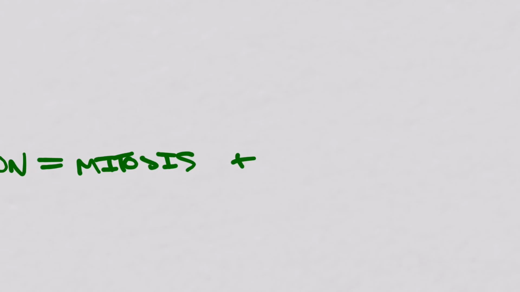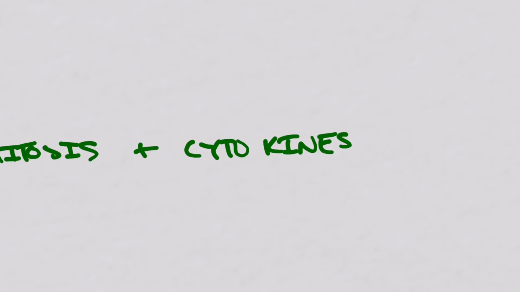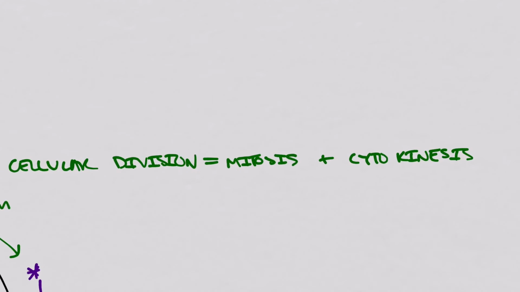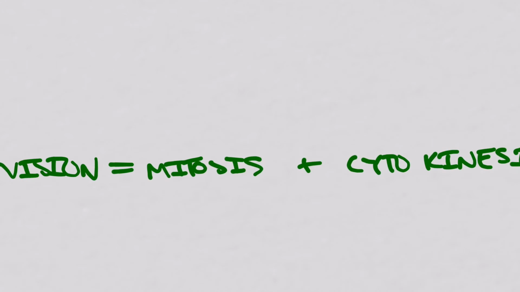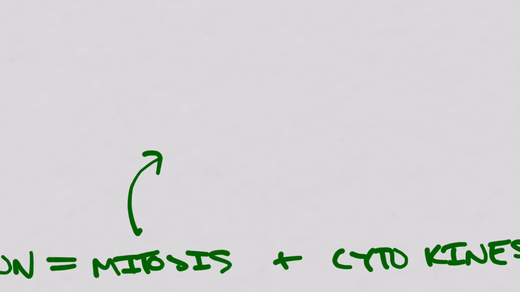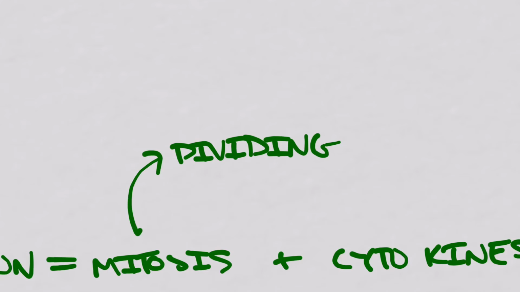And the second part is cytokinesis. And they both make up the M phase. So mitosis is the act of splitting up and dividing stuff that's found within the membrane. So mostly dividing chromosomes.